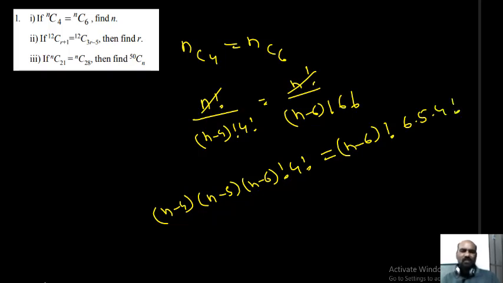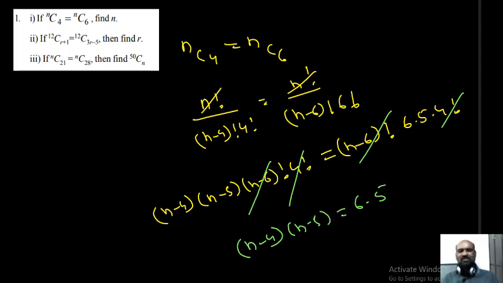Okay students, so what I can say, the 4 factorial gets cancelled, and (n minus 4) into (n minus 5) equals 6 into 5.